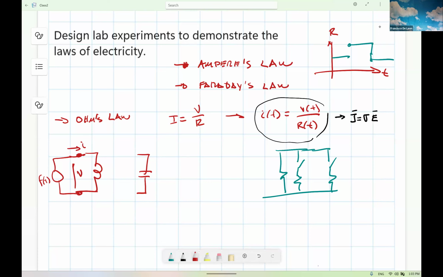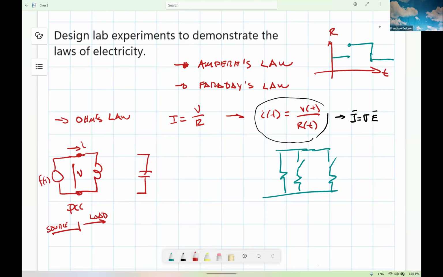Let's call it the PCC, the point of common coupling, which is what differentiates the source from the load. And this is very idealistic. It's an ideal behavior of these things, but it will work.